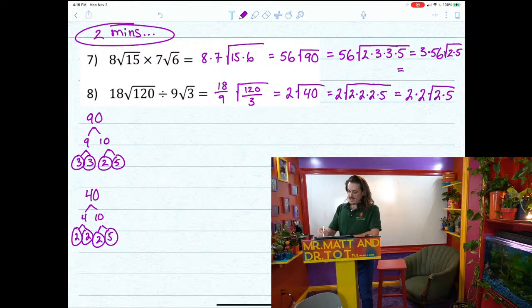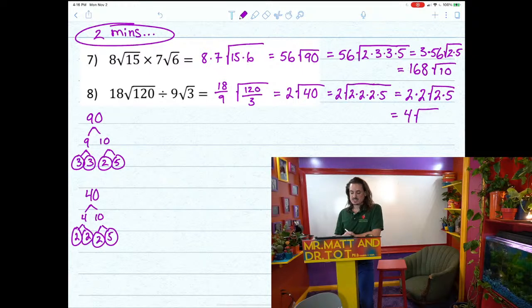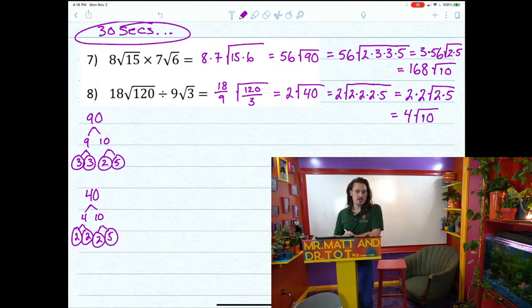Okay, so looking at number 7, 8 root 15 times 7 root 6. So we're going to have 8 times 7 times the square root of 15 times 6. That's going to turn into 56 root 90. We can factorize 90 into 9 times 10, and 9 breaks down into 3 times 3, and 10 breaks down into 2 times 5.